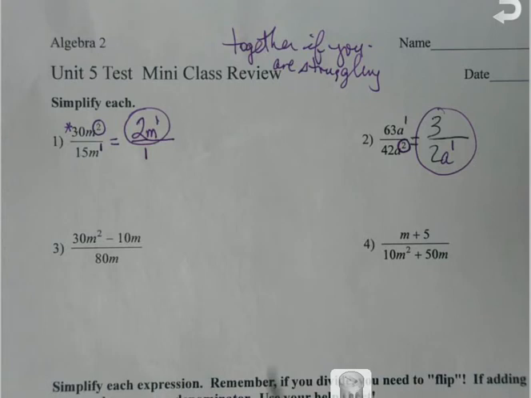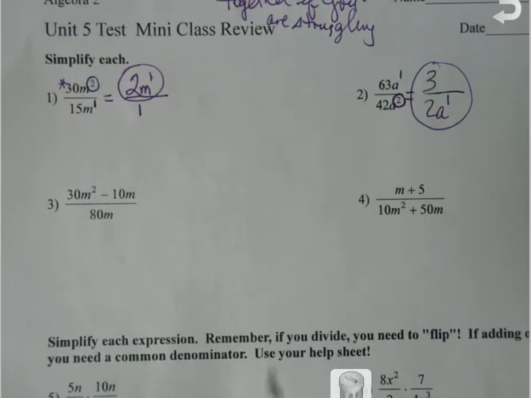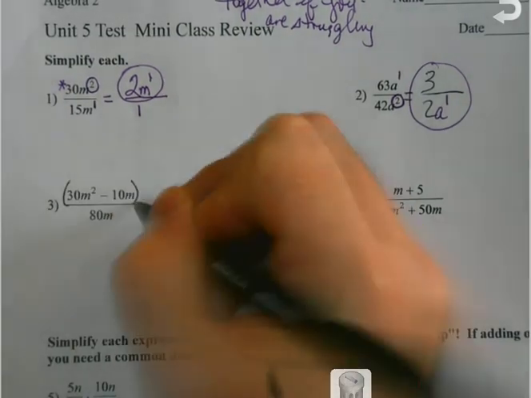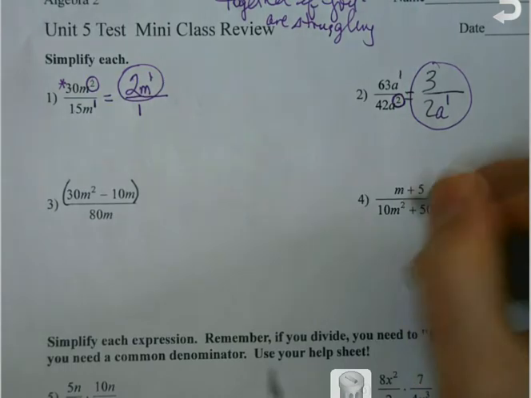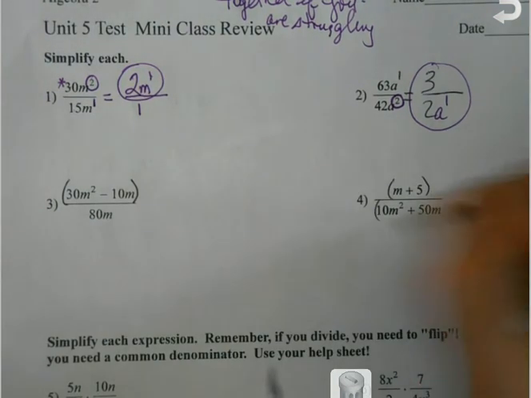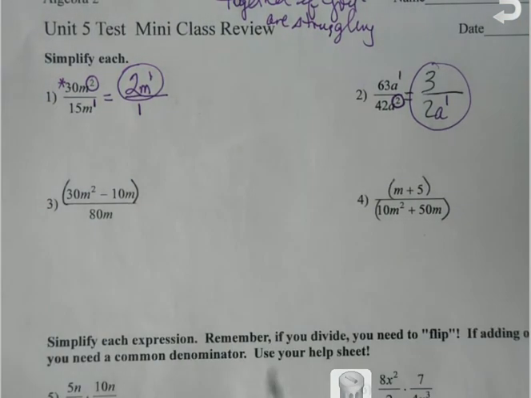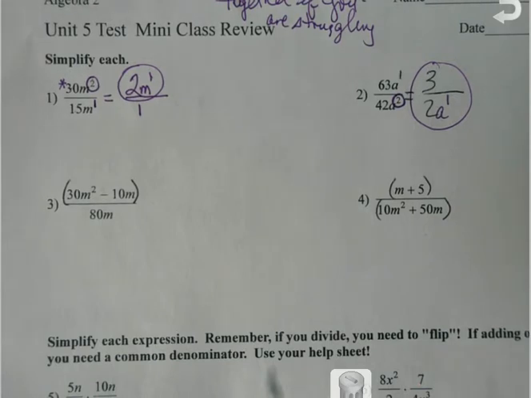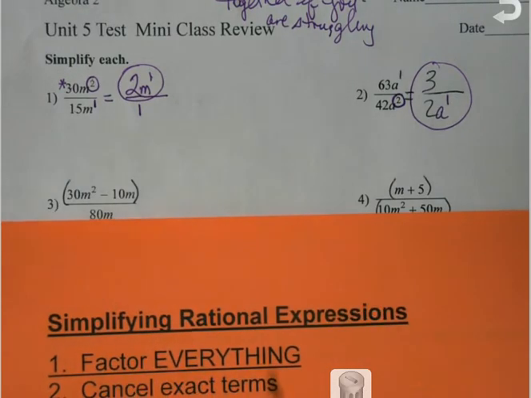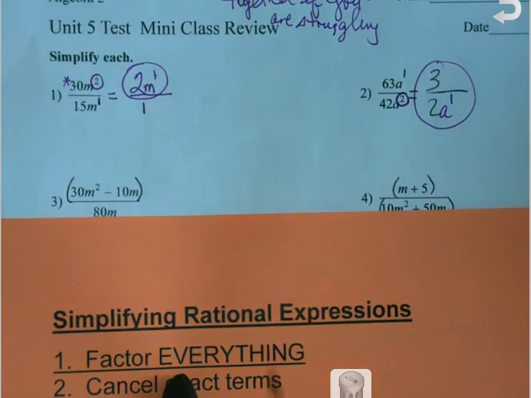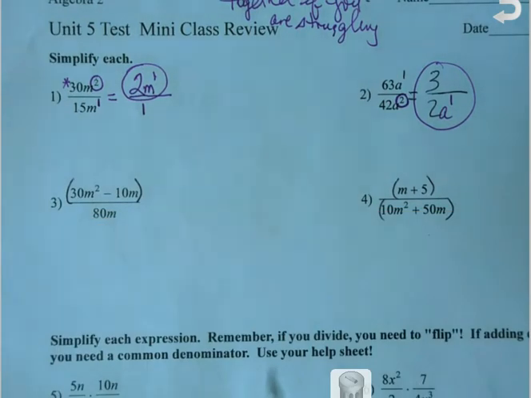But again, I've got to be careful. Every time you see plus or minus, before you go and cancel something you shouldn't, put parentheses and then factor everything, even if it's just something they have in common.